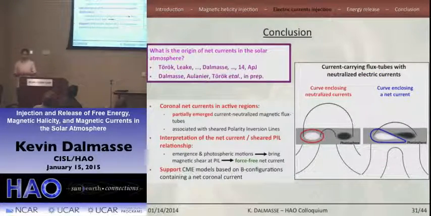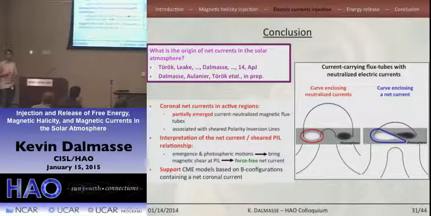Okay. So in summary, using MHD simulations of the two main mechanisms that bring electric currents in active regions, we showed that net coronal electric current can exist in the solar atmosphere. They are due to the partial emergence of a current-neutralized magnetic flux tube, and they are associated with sheared polarity inversion lines.